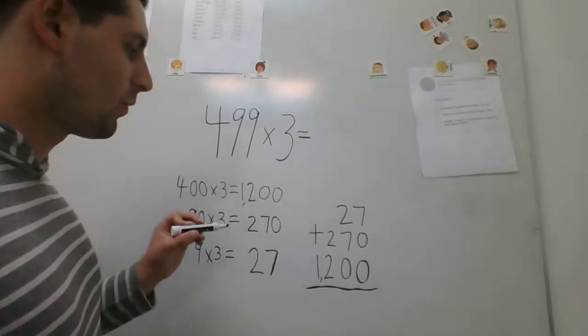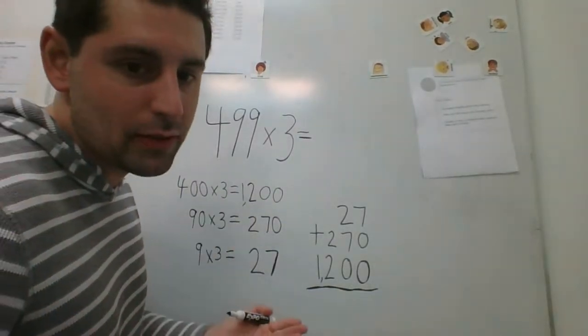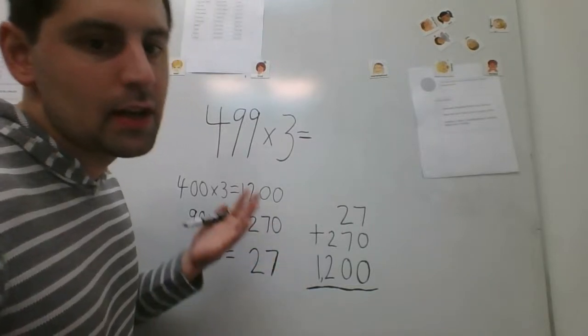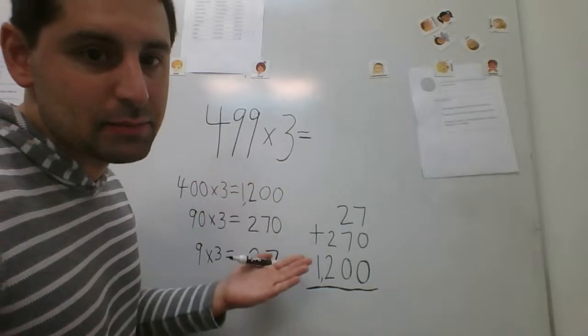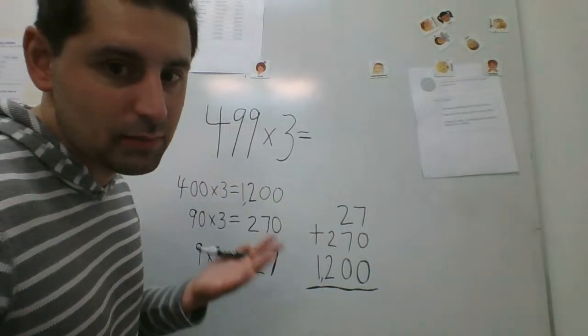So we always start in the ones place. Very important when you add the 3 answers together, you line up the problem so the ones place, the tens place, the hundreds place, and the thousands place is completely lined up.